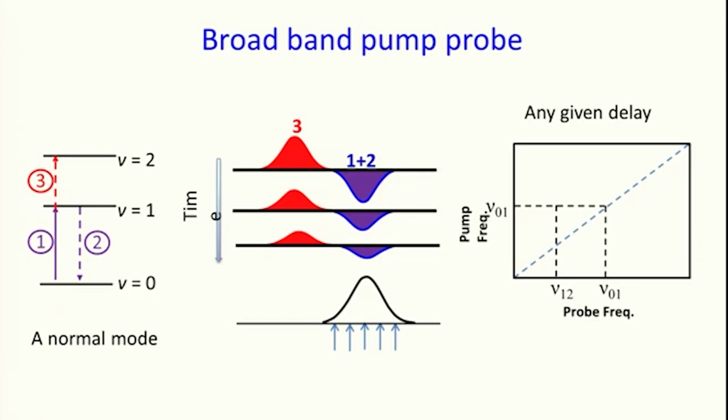And then if you look at the probe axis, this is the probe axis. Here also for any given pump, the magnitude of signal goes up, negative sense here, and then goes down until it becomes 0. When I am saying go up and go down, I am only talking about magnitude. So, what do you expect?